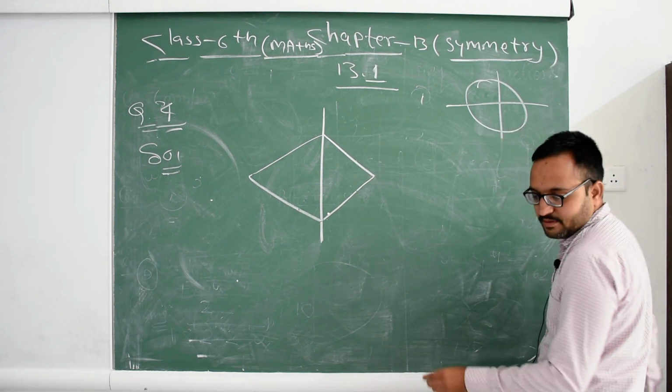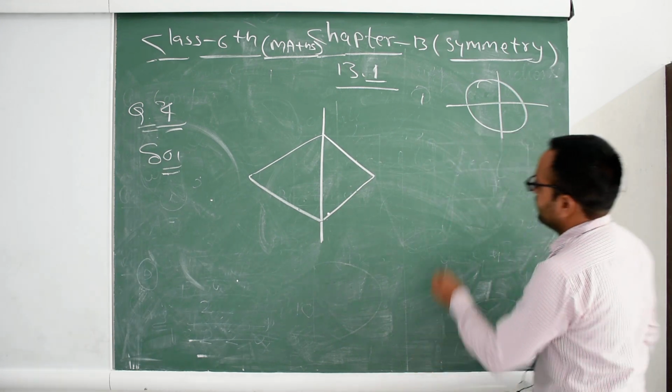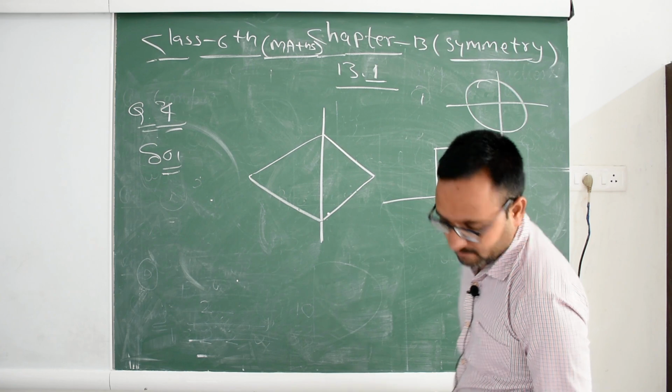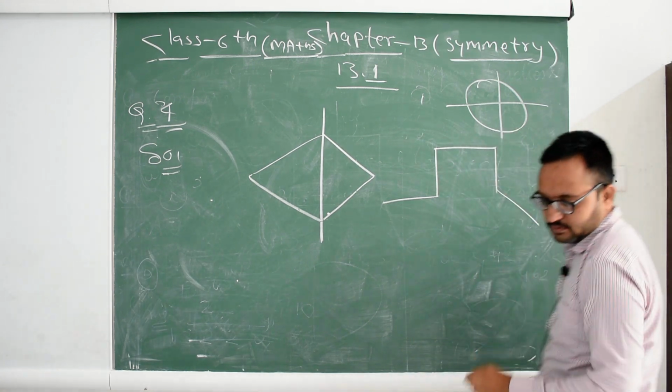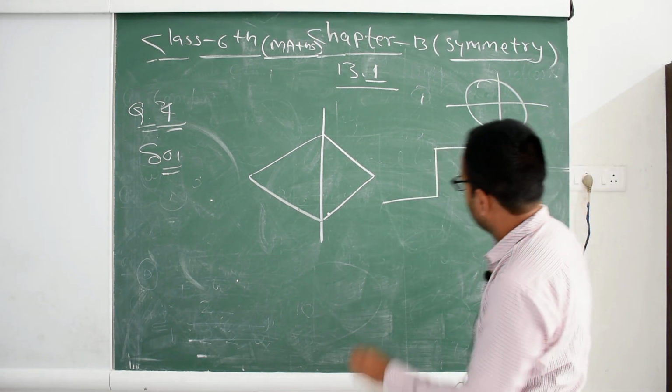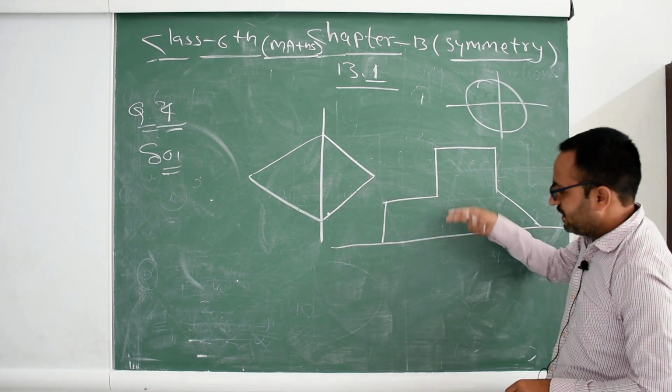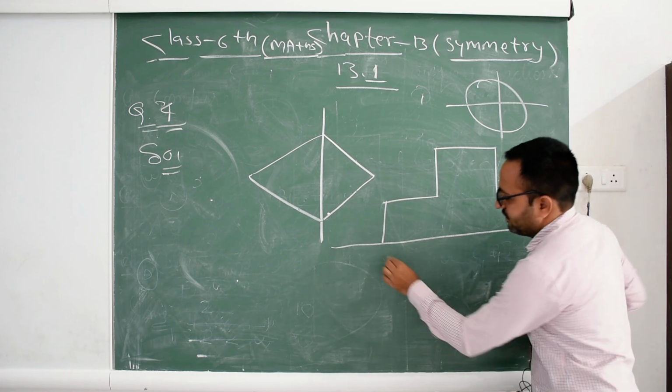Now we have another incomplete shape, like this, and this is your line of symmetry. Now we complete this figure.